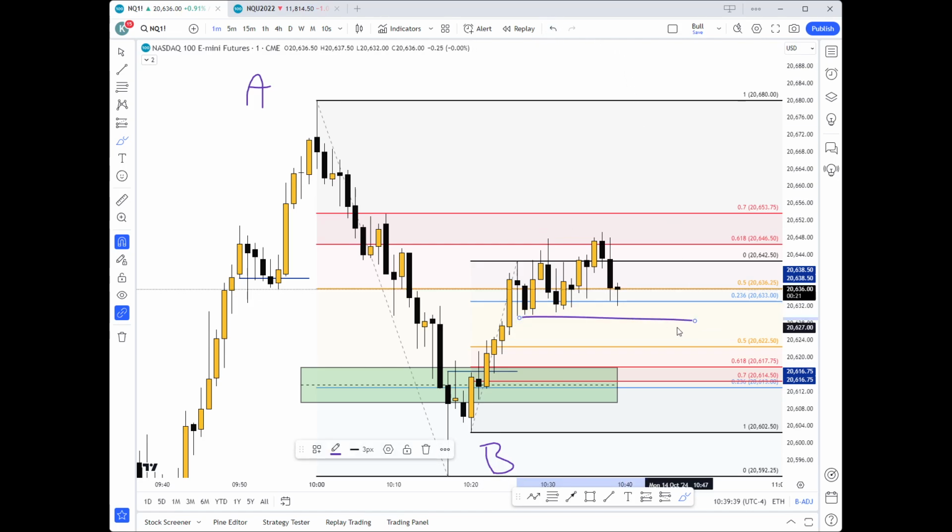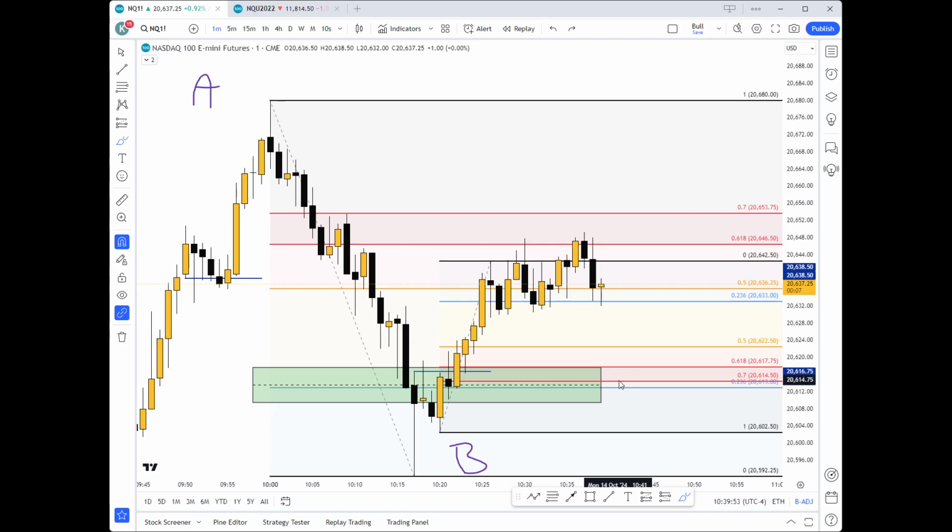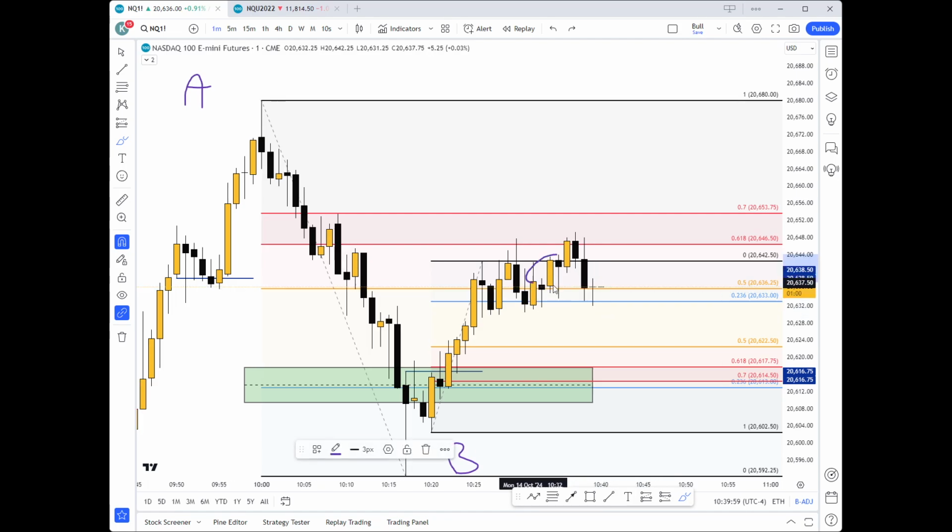You could even argue that one, although this in reality just traded up here and then actually traded lower again. So you might get this movement back into here and then delivering down. And that would be what you want to see for continuation. But the important thing is the patience of waiting in here.